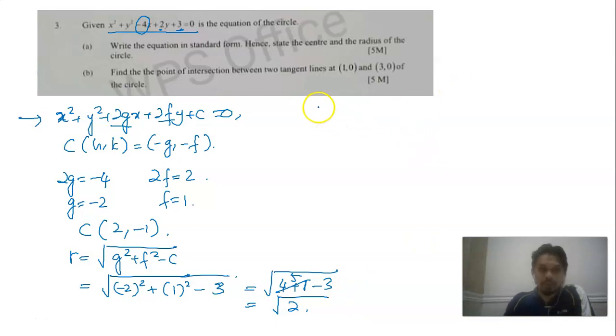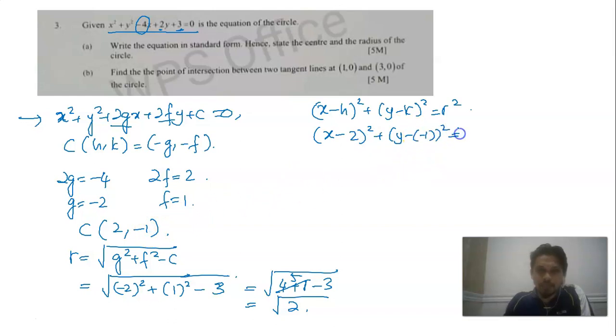Okay, so from the general equation of a circle, x minus h squared plus y minus k squared equal to r squared. So x minus 2 squared, plus y minus k where k equal to negative 1, equal to r squared, where r equal to square root of 2, squared.